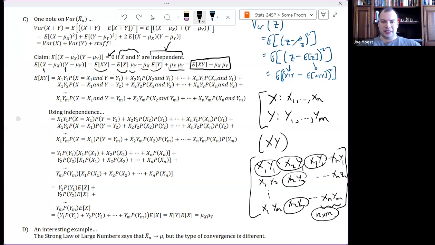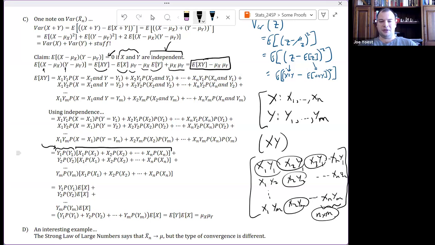But now what I can do is say, out of this first row here, x1 y1, x2 y1 through xn y1, every one of them has a y1, and every one of them has a probability y equals y1. I can factor that out. I get y1 times probability that y equals y1, factored out from that whole first row.